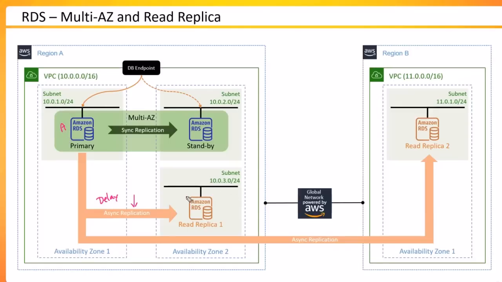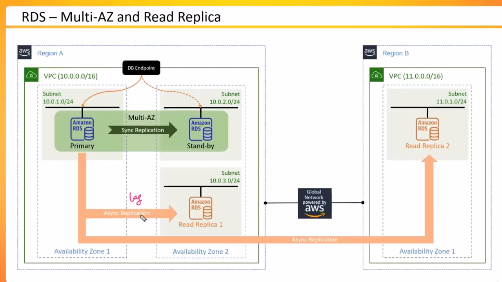Maybe after a few seconds, it would be available here. After a few more seconds, it would be available here. So there will always be an asynchronous replication happening from primary to replica. The read replica will always be falling a little bit behind, and that is referred to as lag. So the read replica would be lagging from the primary database instance.